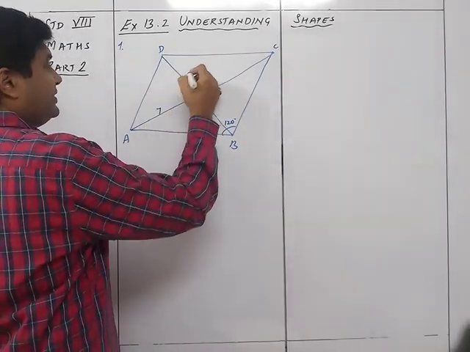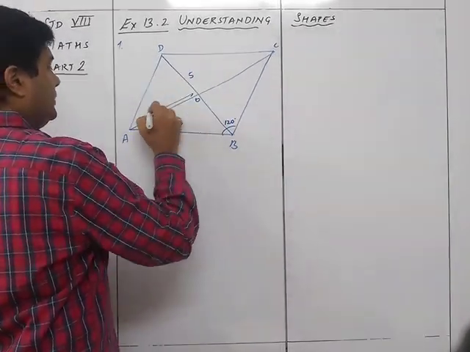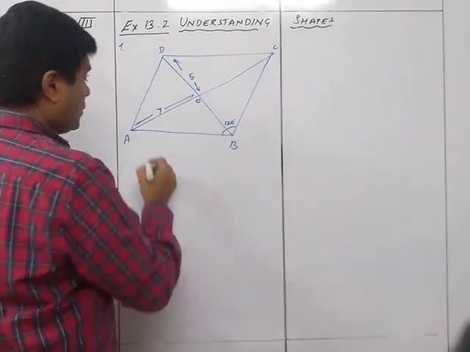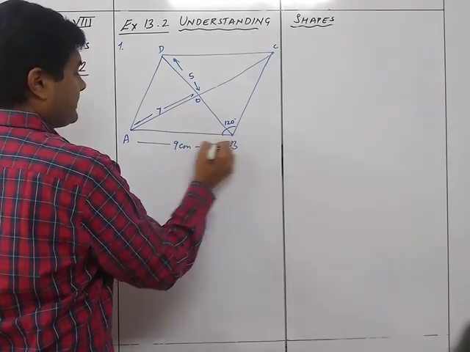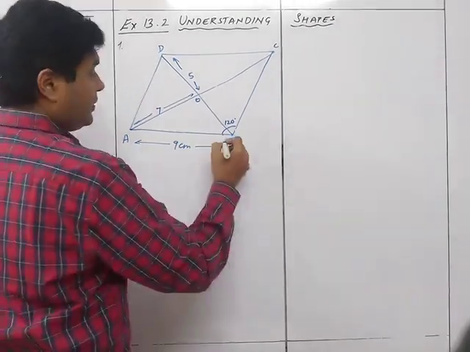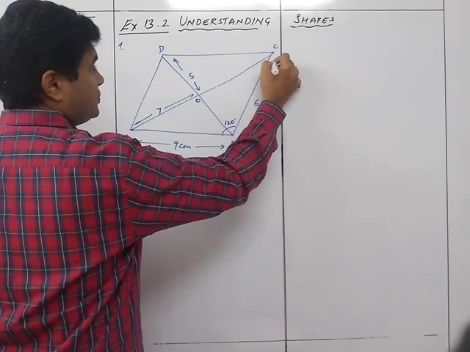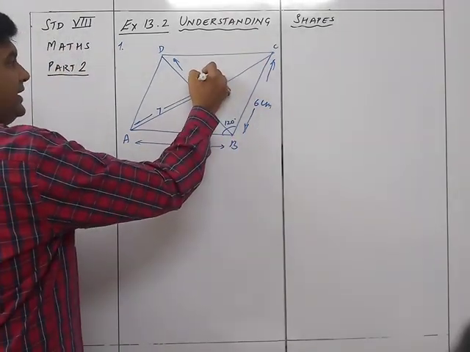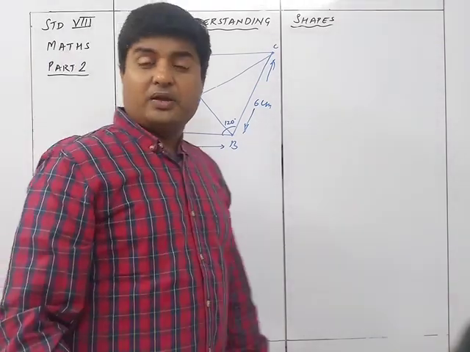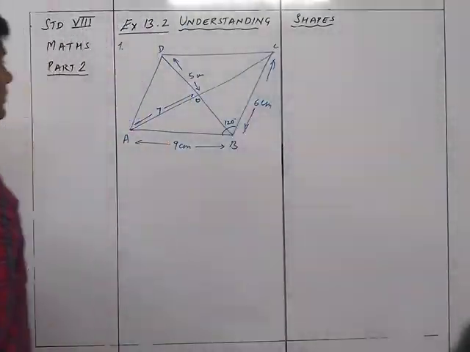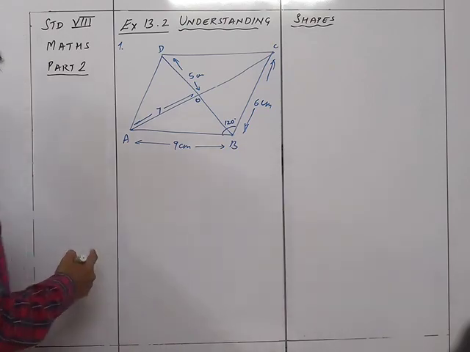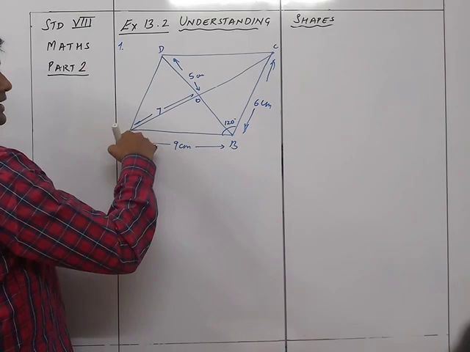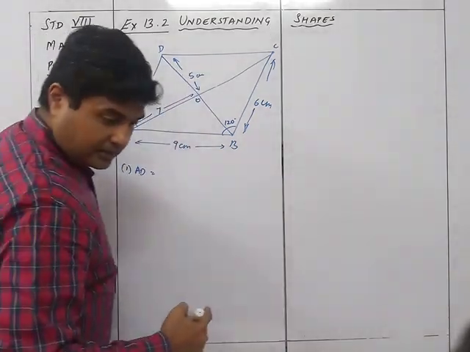This is 7 centimeters, this is 5 centimeters from here to here, and from here to here is 5 centimeters. And then you have got this as 9 centimeters, and finally this is 6 centimeters. Okay, these are the data which is already given to you about this particular parallelogram. Right, now we need to find out, the first one is AD.